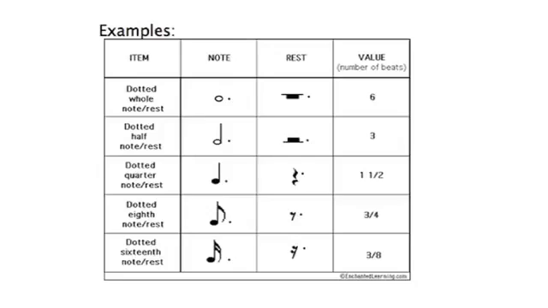Now we get into fractions. So dotted quarter note. A quarter note itself is worth 1 beat, so half of 1 is a half, so a dotted quarter note is worth 1.5 beats. Eighth note, worth a half a beat. A half of a half is a quarter, so then you have 3/4 of a beat that note is worth.